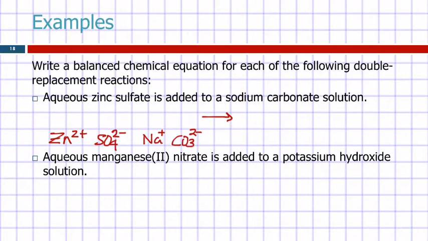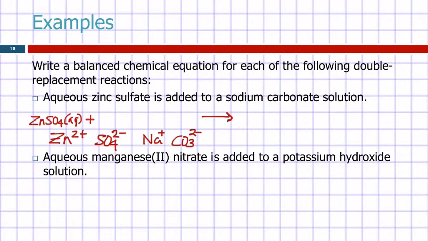To write the formulas for the reactants, I'm going to look at the charges. So I want to put zinc and sulfate together. I have plus 2 and minus 2. I don't need any subscripts or parentheses or anything. I just put them together. So that's zinc sulfate, ZnSO4, and I'm told that this is aqueous. And then I need to put sodium and carbonate together.